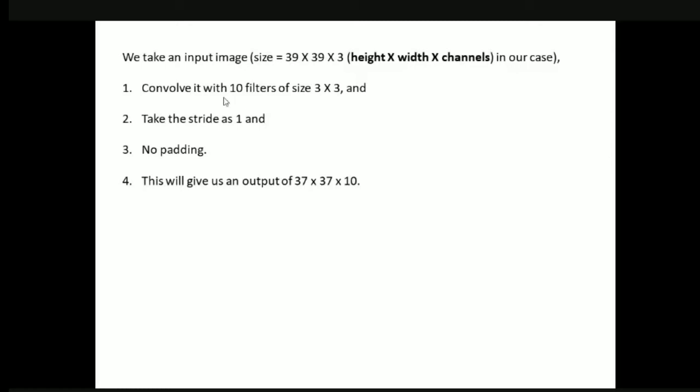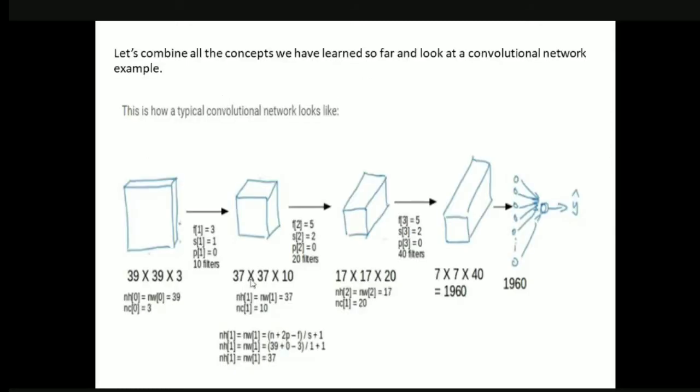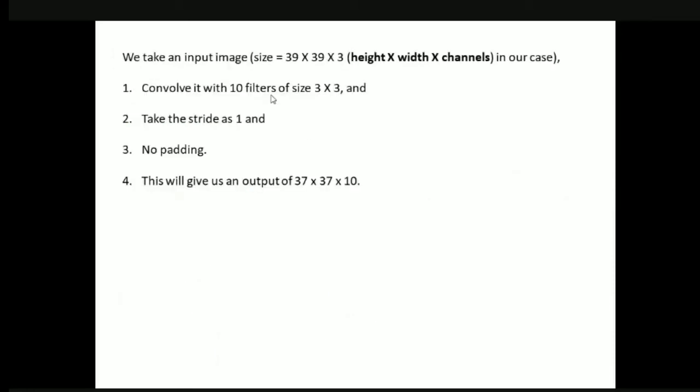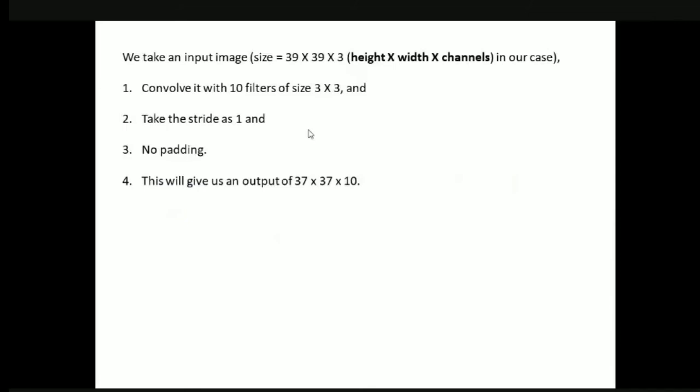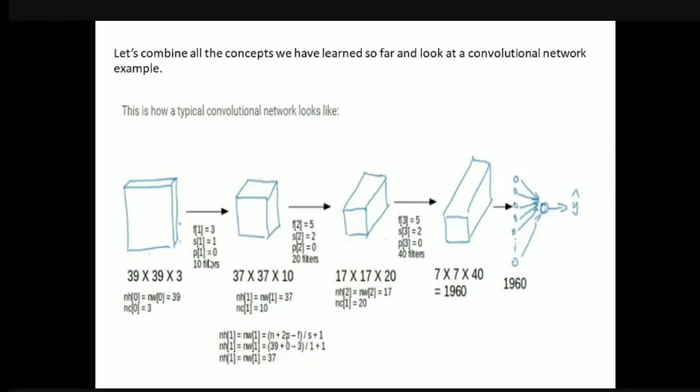Now we are convolving it with 10 filters of size 3 by 3, as specified in the image, f of 1. At the first operation, 3 means the 3 channels, filter size 3 by 3. Now we take the stride as 1, s of 1 equal to 1, and p of 1 is 0.